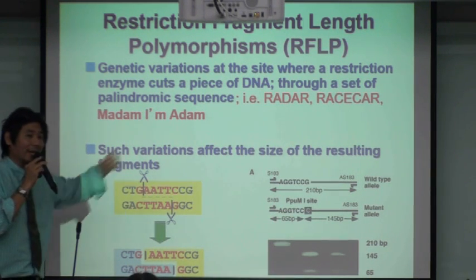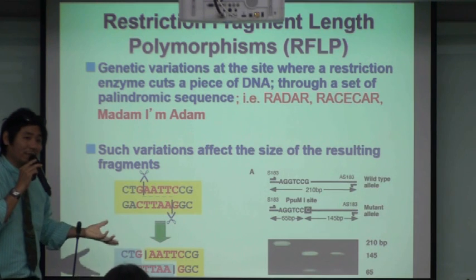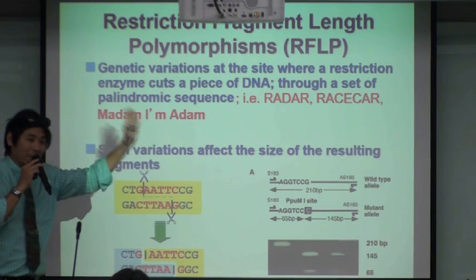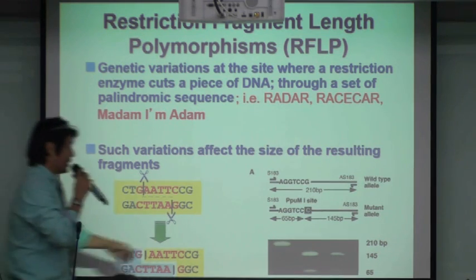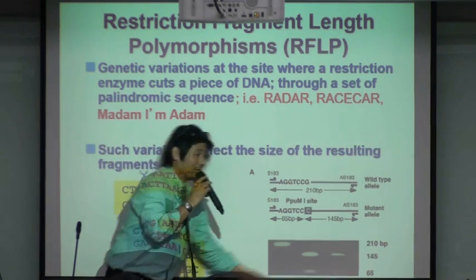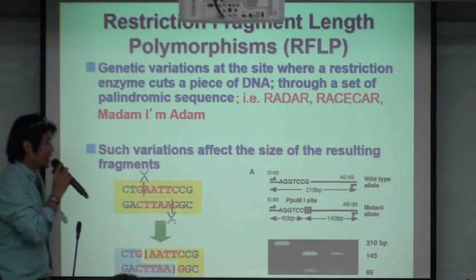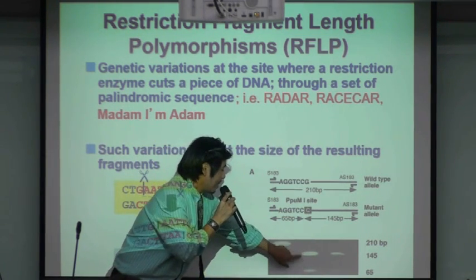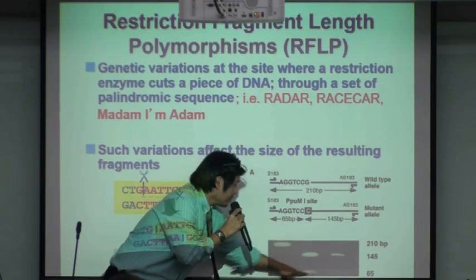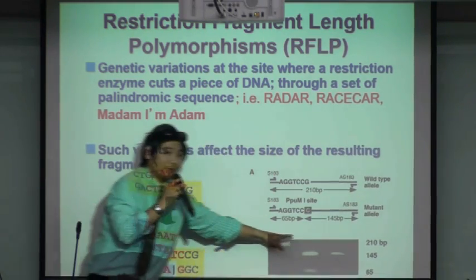Which means that you take any DNA from the cell, 50% will be wild type, will be normal, and another 50% will be mutant. You will see something like this. But if you see just only that cleaved product like this one, so that will be fully mutant.